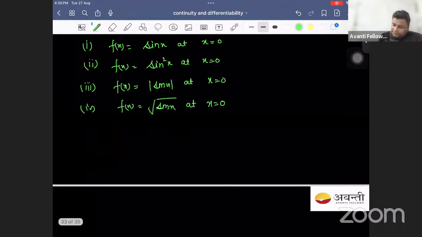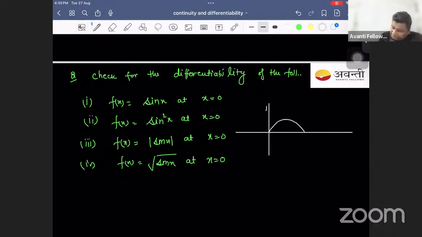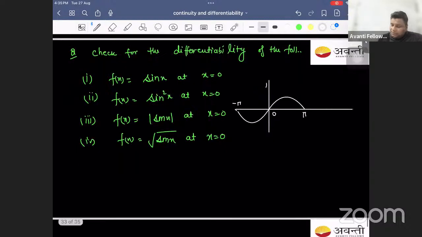Now see, I will use graphs. This is the graph of sin x from -2π to 2π, with -π, 0, π marked. It is completely differentiable at x = 0.